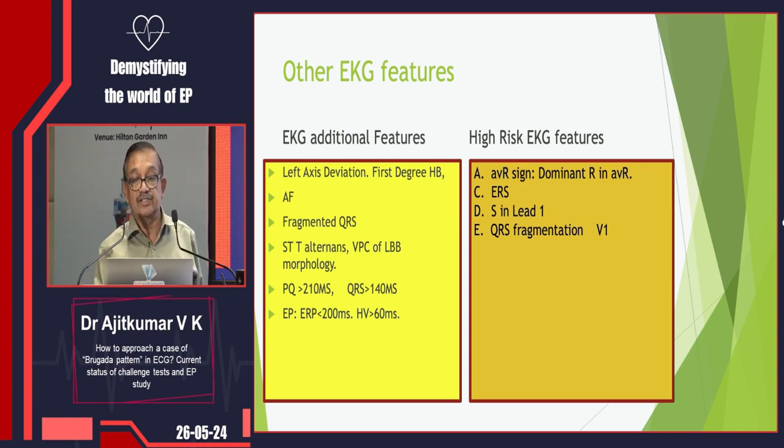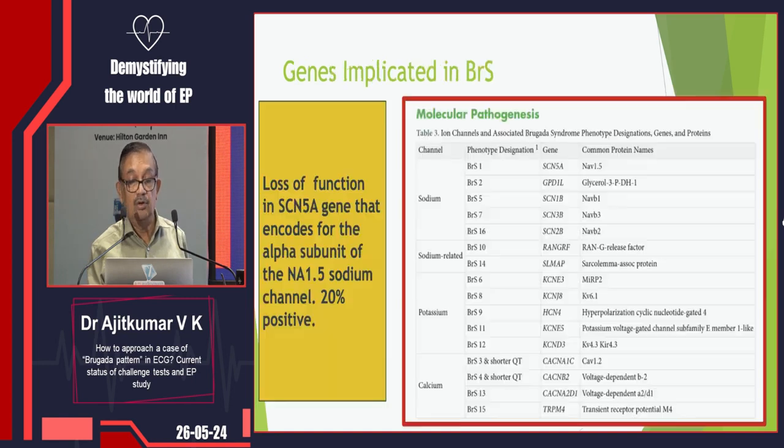And certain high-risk features, the aVR comes in almost every part of ECG nowadays. So the aVR sign is a dominant R in aVR, early repolarization syndromes, S in lead 1, and QRS fragmentation in V1, which are high-risk ECG features. These features you should look for.